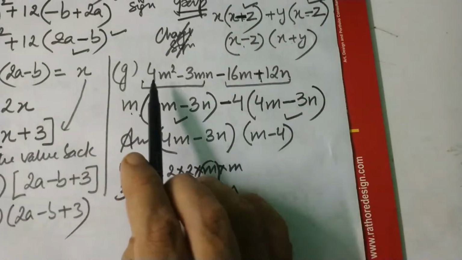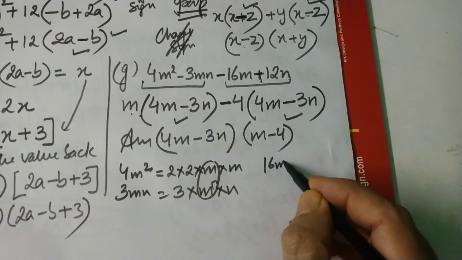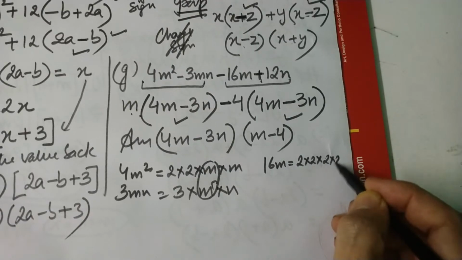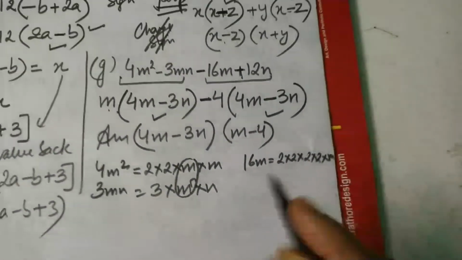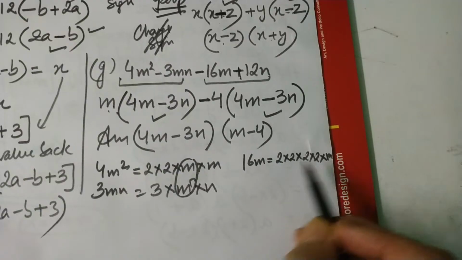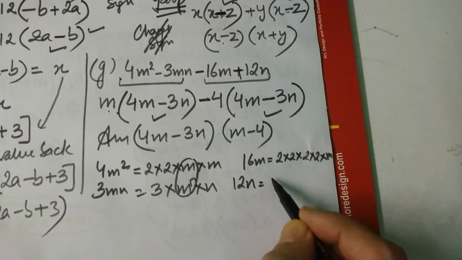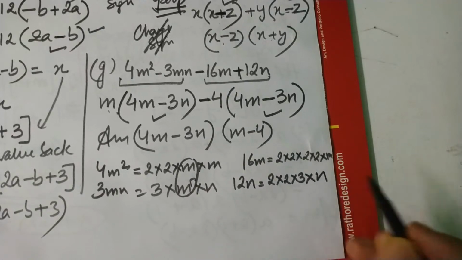Got it? Like here it is 16m. 16 means 2 multiplied 4 times, multiplied by m, and 12n means 2 into 2, 4, into 3 into n.